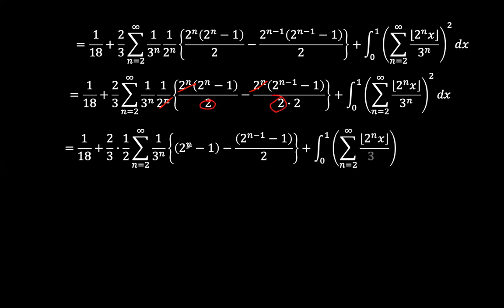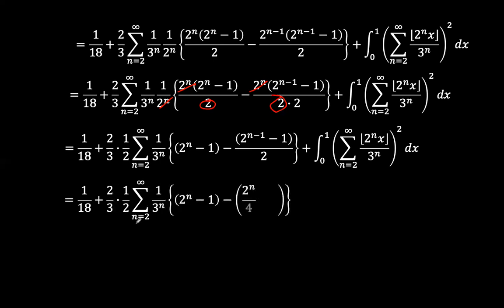And so we have 2 to the power n over 3 to the power n times 2 to the power n minus 1, minus this 2 to the power n minus 1 over 2. So this is 1 over 18 plus 2 over 3 times a half, summation of n equals 2 to infinity, of 1 over 2 to the power n. And so this is 2 to the power n minus 1.